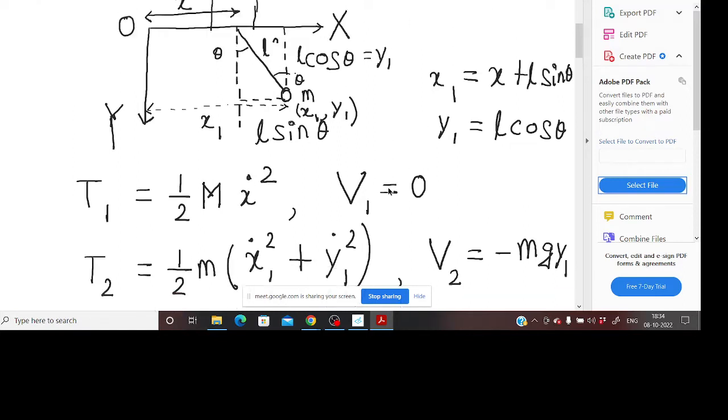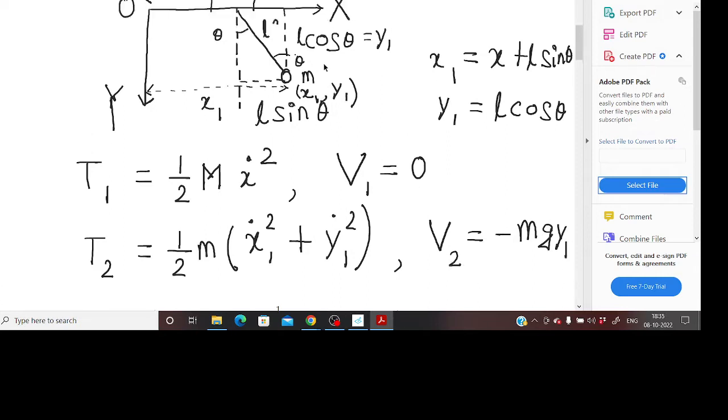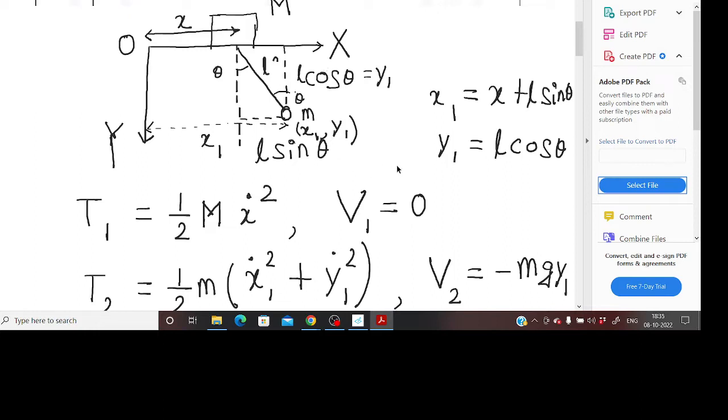Now what is the kinetic energy of the mass small m? This will be simply equal to half into small m into x1 dot square plus y1 dot square. And what is V2, the potential energy of the mass small m? This will be equal to minus small m into g into y1. Why is there a minus sign?